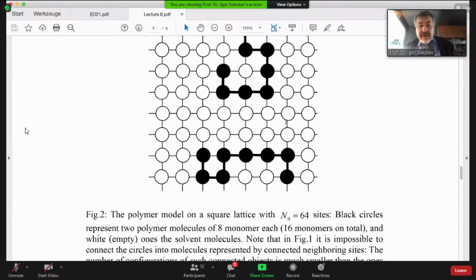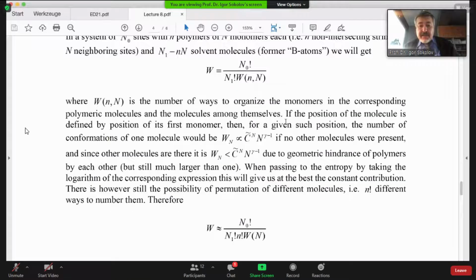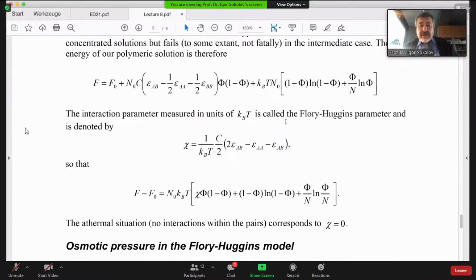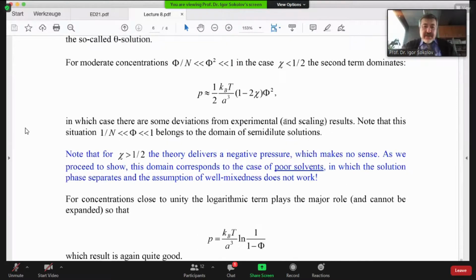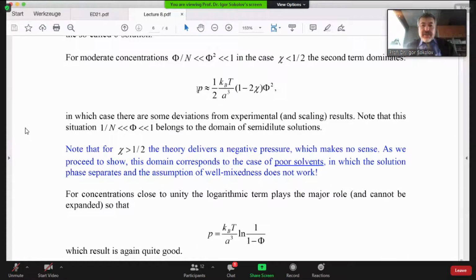And in the other case, for chi larger than 1/2, when the pressure given by this formula gets negative, which is nonsense, something happens. Namely, you come into the domain of bad solvents.